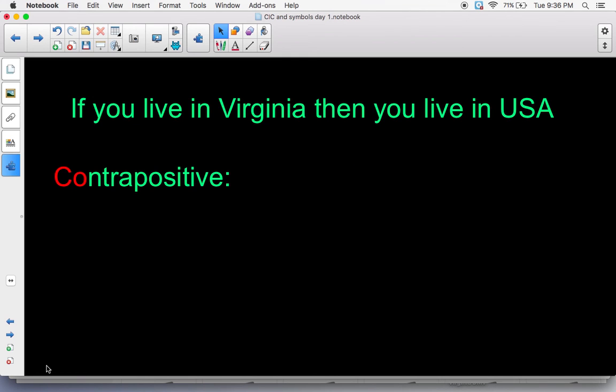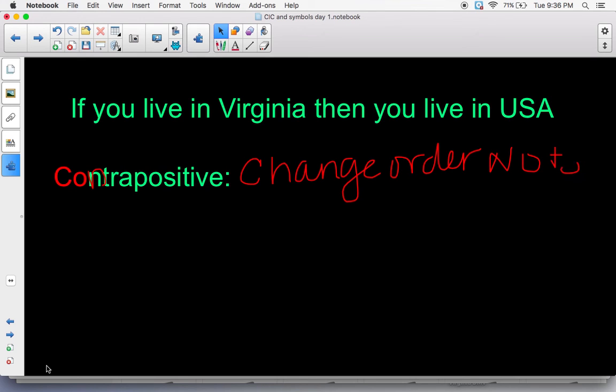Now, the next one would be contrapositive. And remember, contrapositive, I remember to put that N in there, is change order, nots. So, I'm going to change the order, still have my hypothesis and my conclusion, and put the nots in. So it's going to look like this.